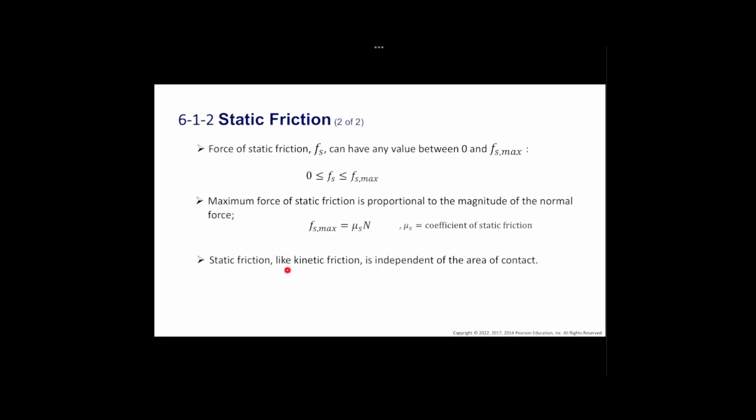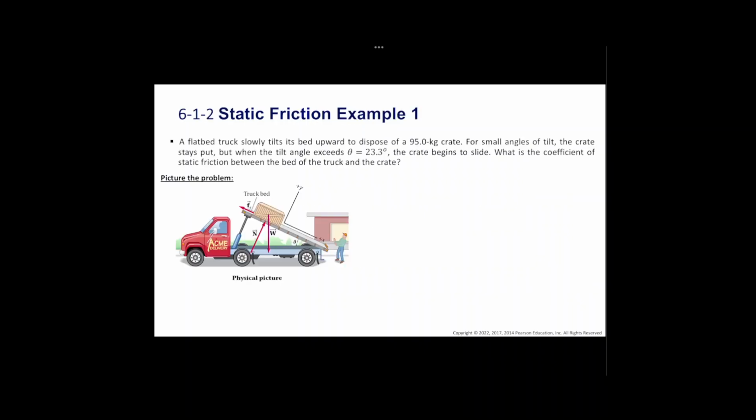Now, like kinetic friction, static friction is also independent of the area of contact, and it is parallel to the surface of contact and in the direction that opposes relative motion. So let's see a quick example in static friction.